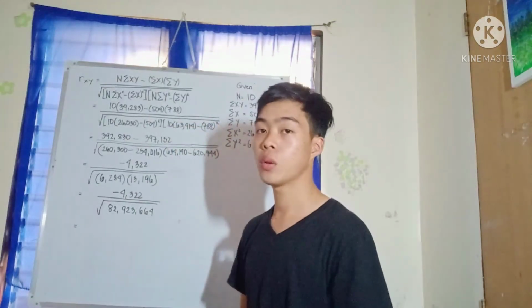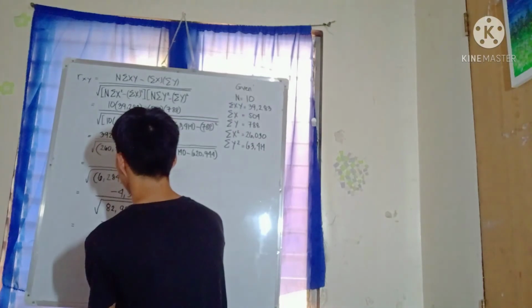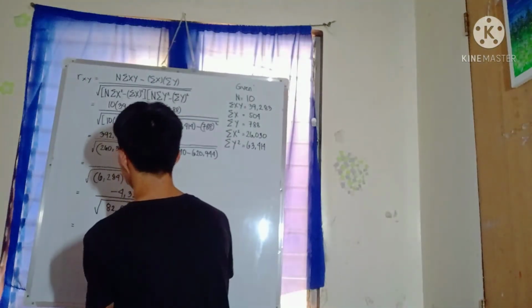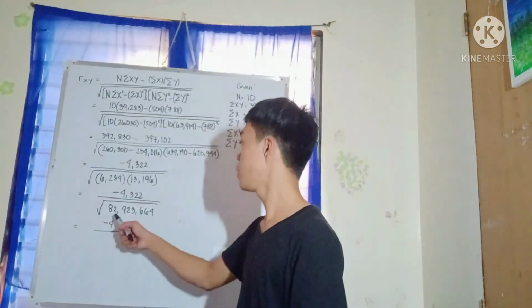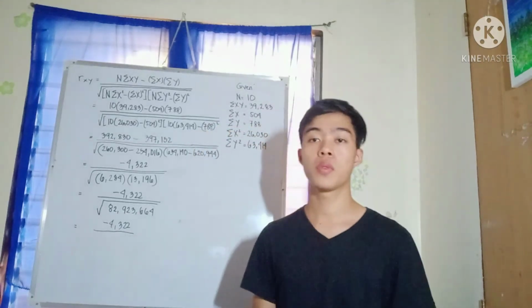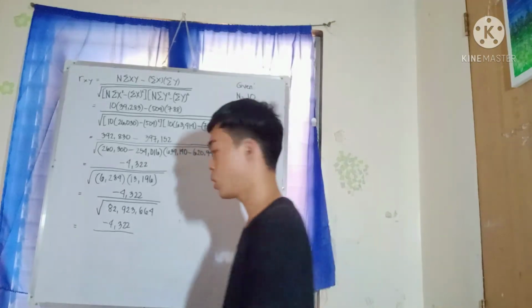After that, we will just copy the negative 4,322 over. Then we will get the square root of 82,923,664, and the answer is 9,106.24.